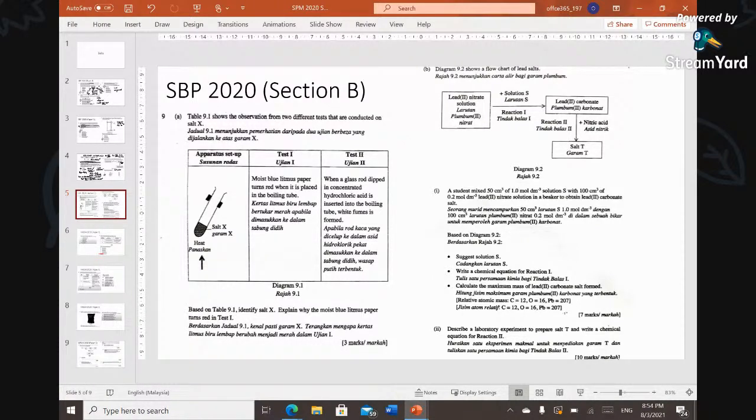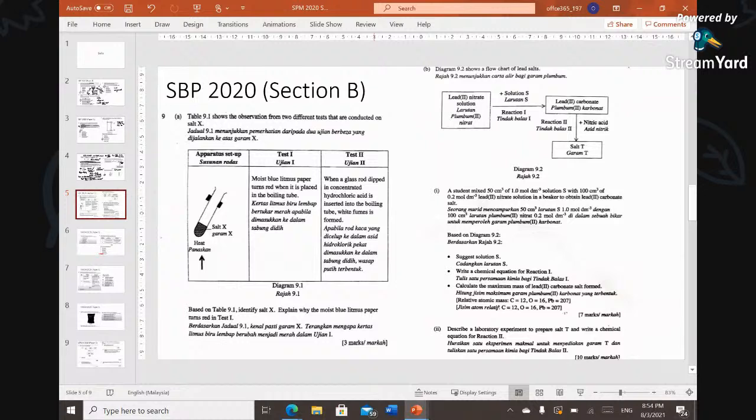Okay, you have salt X. Moist blue litmus paper turns red when it is placed in the boiling tube.